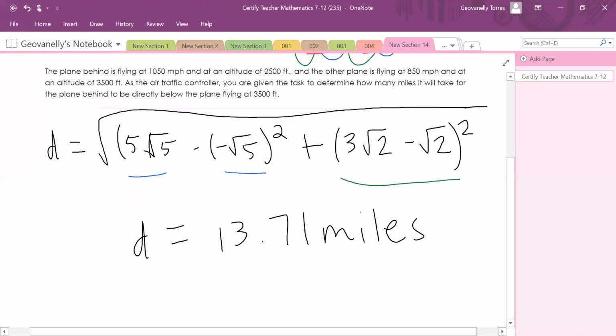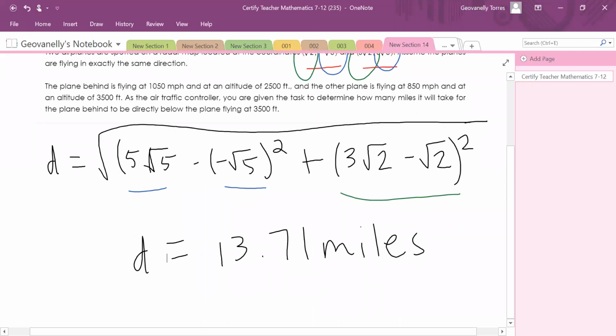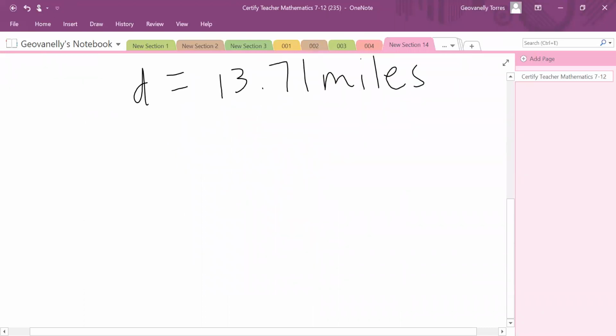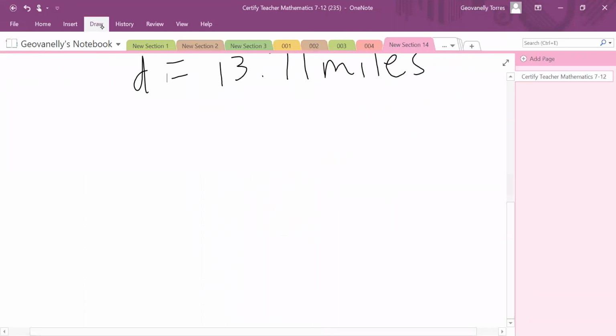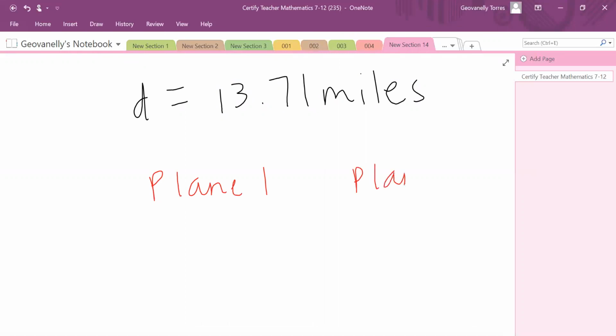Now, since we were asked how many miles it would take for the plane behind to be directly below the plane flying at 3,500 feet, we create this little map where it's plane 1 and plane 2.